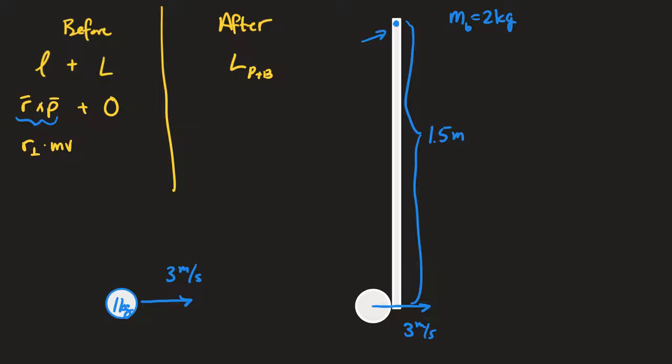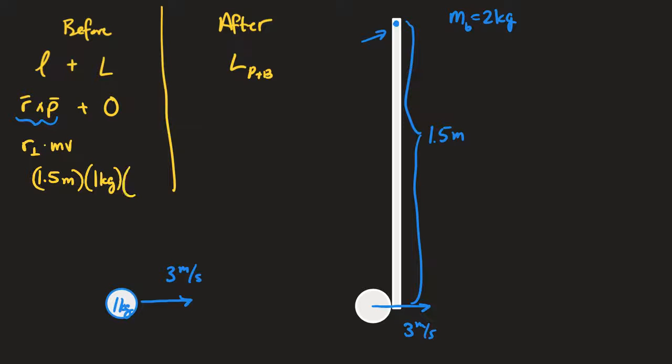So, moving right along, we can actually compute the angular momentum with the information that's been given. R perpendicular is 1.5 meters. M is for the puck, it's 1 kilogram.